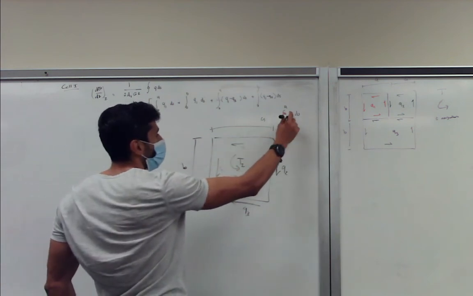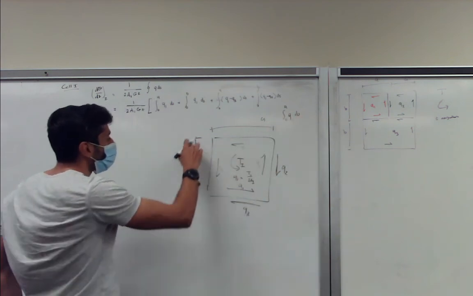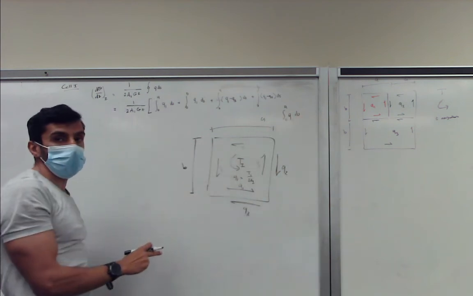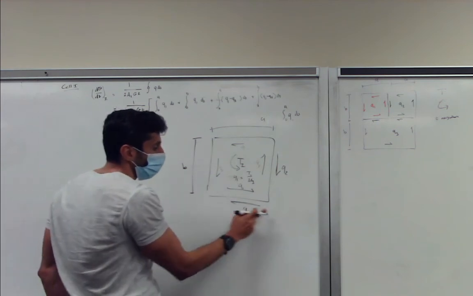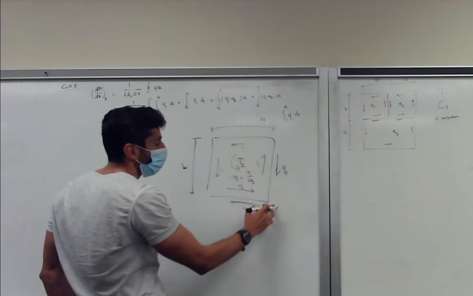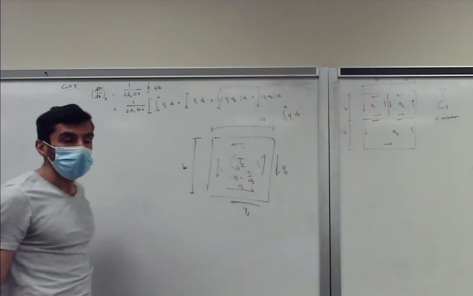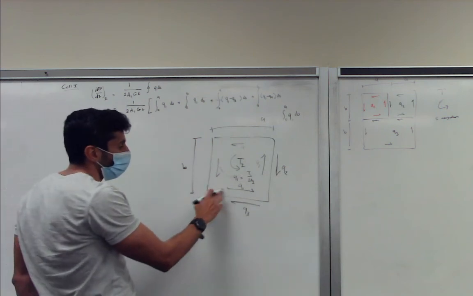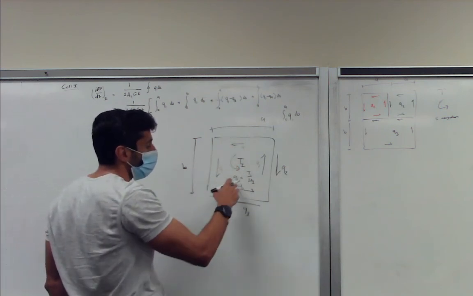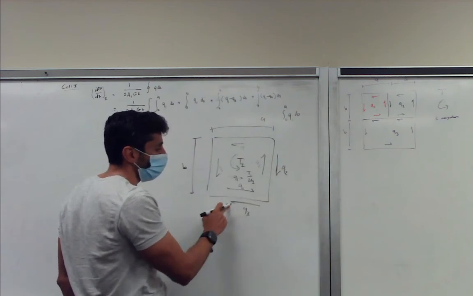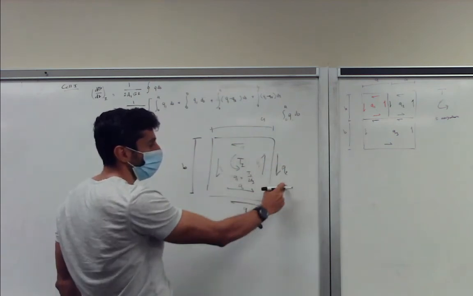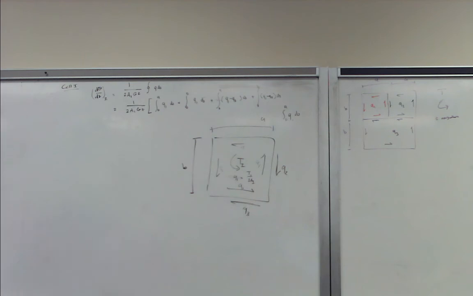And Q you can just write as Q1 because it's a constant. This section is Q, the integral from 0 to B. This is 0 to A because it's the same distance, and this is from 0 to B. And here we assume counterclockwise positive, so this becomes positive, this becomes negative, this becomes positive, and Q2 becomes negative. Okay?